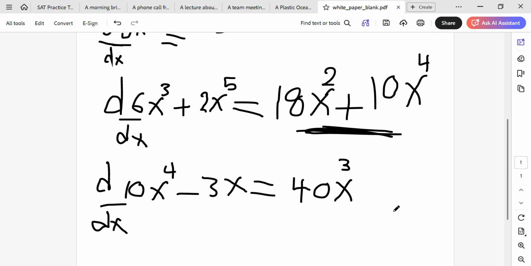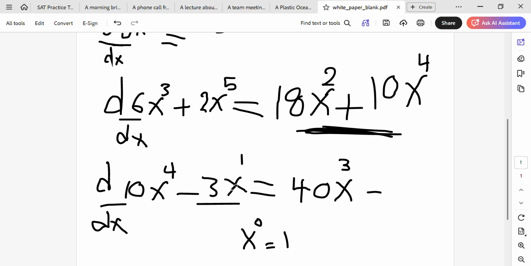So 40x raised to the power 3 minus, here you can see it's 3x, and based on the rule of the derivative, here x, since we don't have any number, we know that it is x raised to the power 1, right? And 1 minus 1, that's 0. And in mathematics, any variable raised to the power 0, that means x raised to the power 0, should equal just 1.